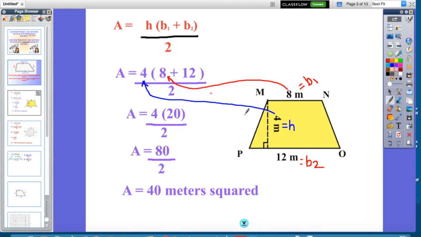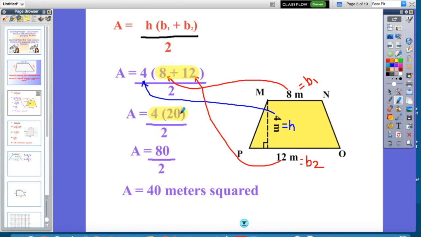So we have base 1, we have base 2, and now we're evaluating this using the order of operations. Our first step is what's inside the parentheses, which is 8 plus 12, which gave us 20. And we rewrite what we have left. So we still have times 4, and we still have divide by 2.